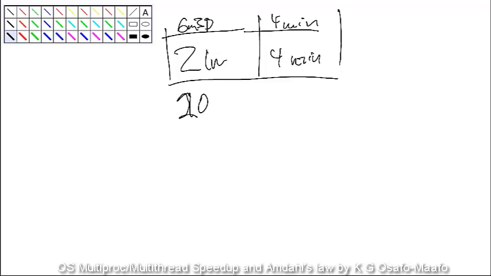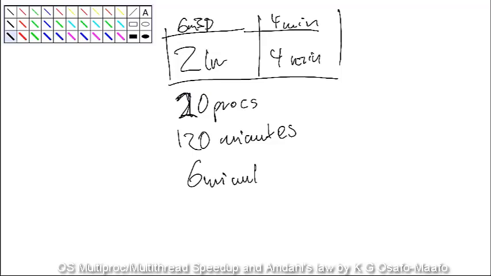If I'm going to have 20 processors working on 120 minutes of work, right, then we are going to expect that each of the 20 will get to work on 6 minutes of work, right?